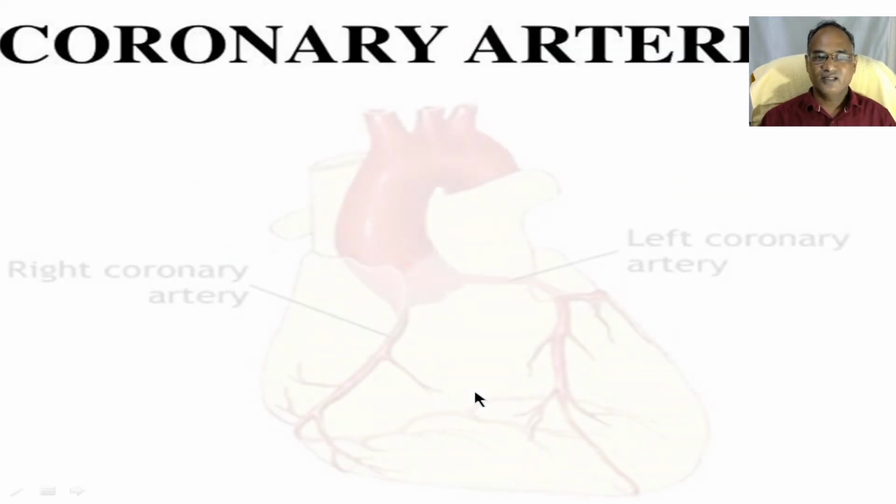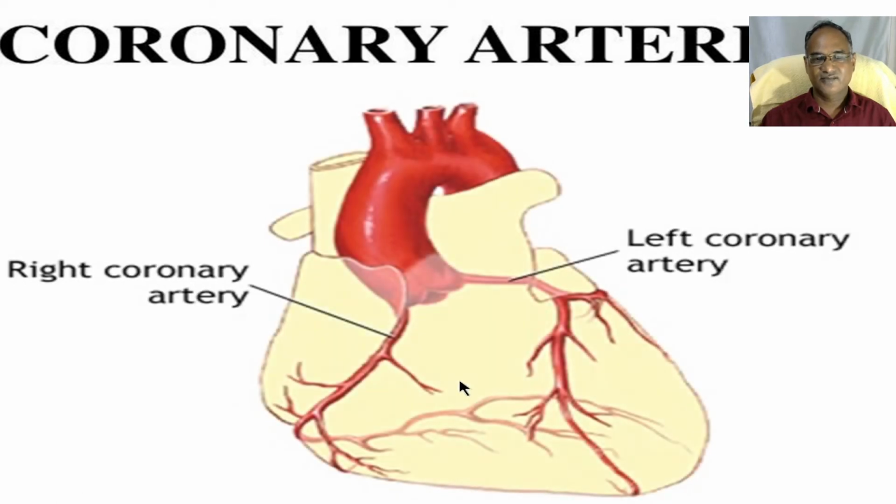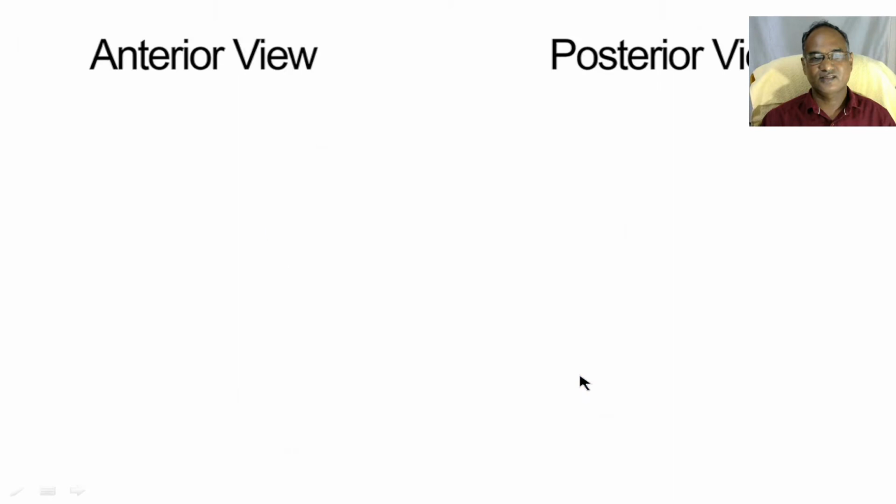This is the aortic arch and aortic valve. Just above the aortic valve there is a coronary sinus, and from it, on the left and right sides, there are branches.